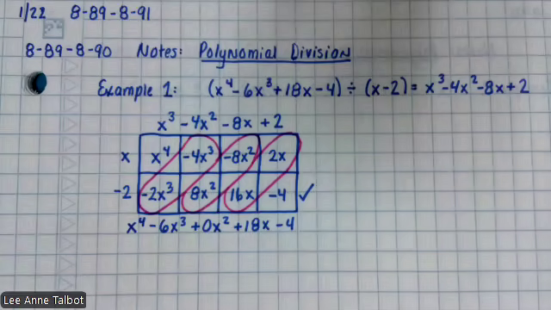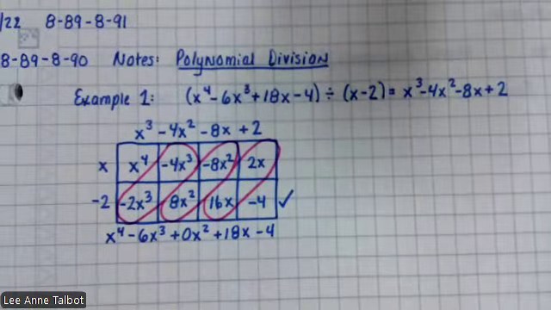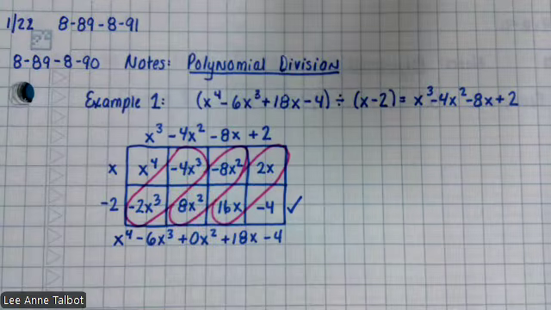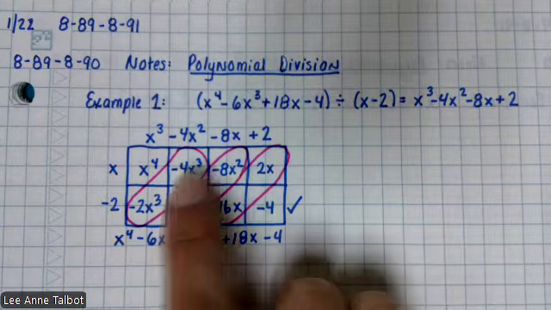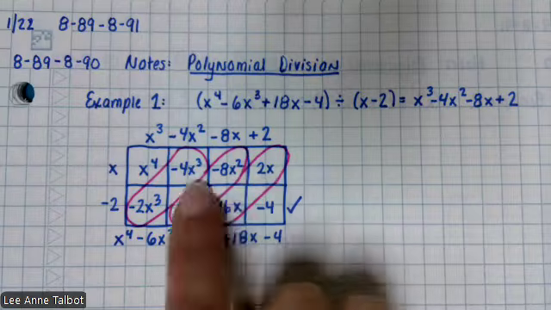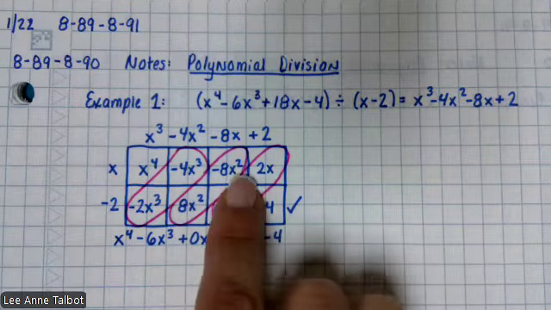Do you have any questions about example one? Any of the things I did? How are you doing on that skill of figuring out what needs to go here? How are we doing? Good? Okay.